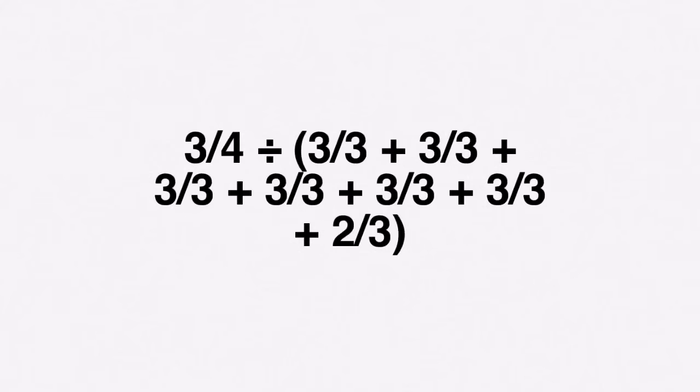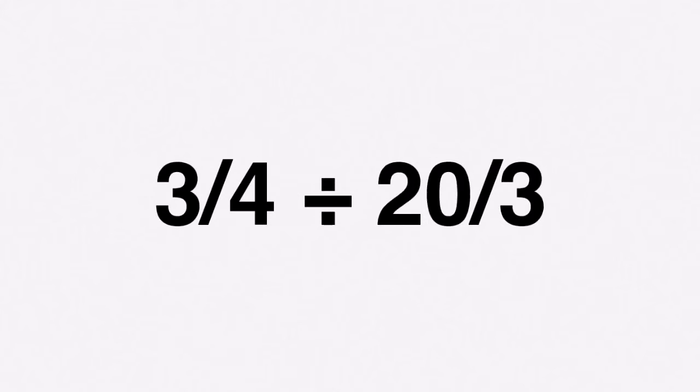There's my 6 whole, plus those 2/3. So altogether, the amount of thirds I'm dealing with is 20. So it's actually asking 3/4 divided by 20/3. Using multiplicative inverse, we know that 3/4 divided by 20/3 is the same as 3/4 times 3/20. And we'll come up with 9/80.